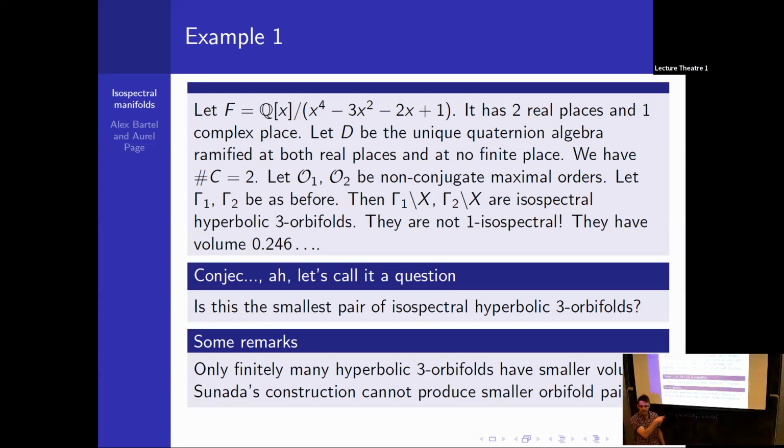But remember, you're allowed to impose some level structure on your arithmetic groups. And Aurel is in the process of, but hasn't finished, making the code sufficiently general to handle level structures. Now, typically, when you impose level structure, you will cause the volume to go up.